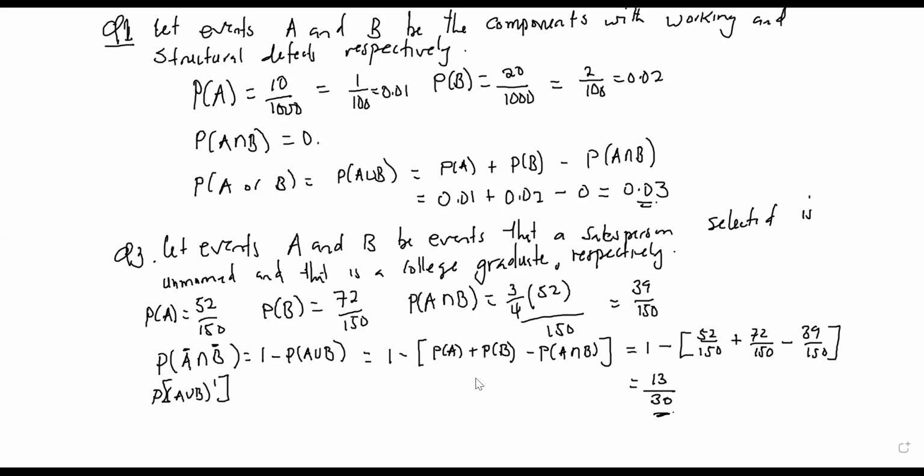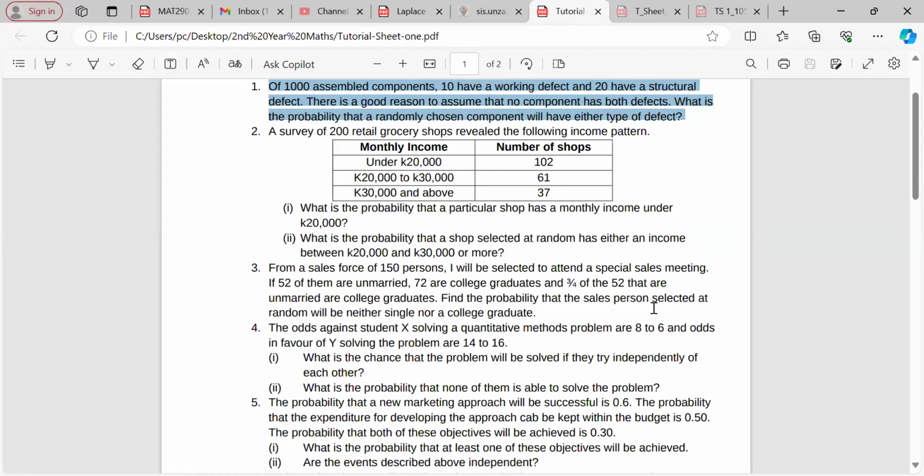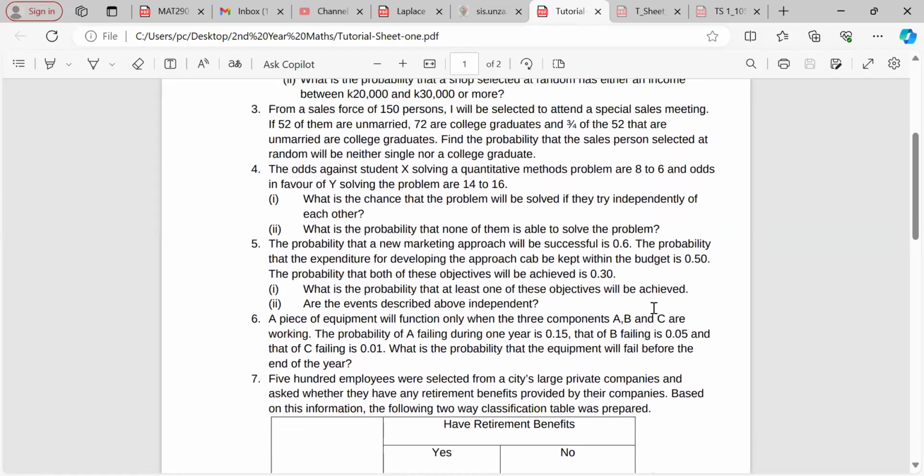Question 4 says, the odds against student X solving a quantitative method problem are 8 to 6. Against meaning there's a high chance that the person won't solve it.